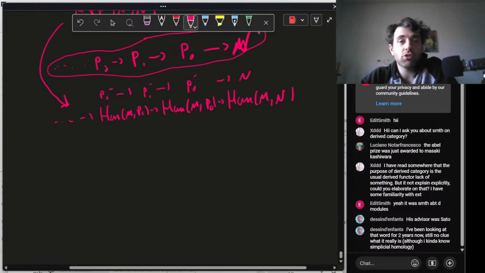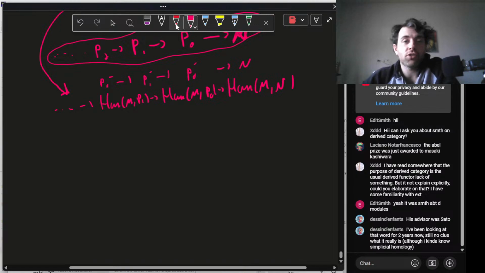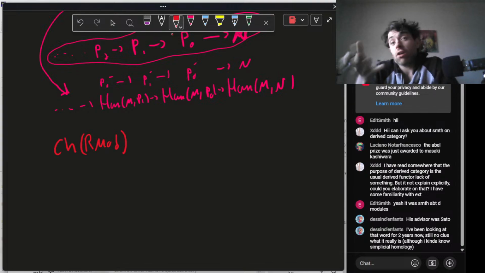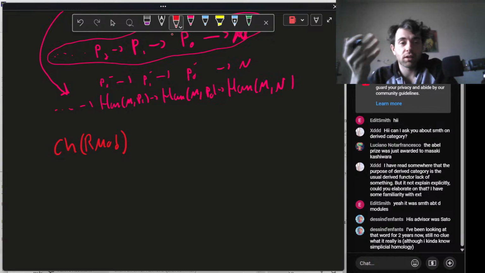So one thing we can do is formalize this study a bit, right? If we have some category of R-modules, the chain complexes themselves form a category, right? So there's some structure there to study, and it's certainly relevant to understanding the cohomology theories that we want.